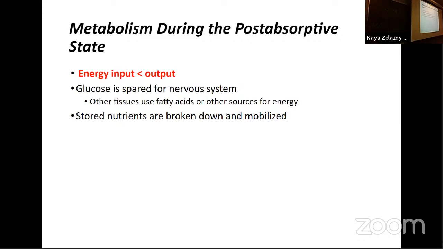They're going to be sparing that glucose for the nervous system, which means that our other tissues are going to have to use other stores of energy. So this is when those fatty acids and the triglycerides and maybe the proteins in your muscle are going to get used for energy by the tissues that can use them. All of our stored nutrients are going to start to get broken down and mobilized, because this is why we were storing them, right? So that we could use them later.